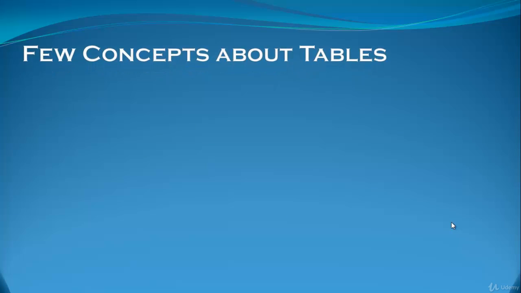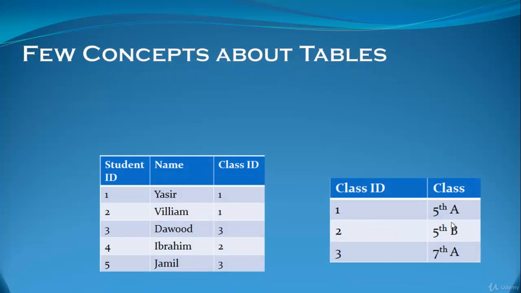Here are a few basic concepts about tables. The first one is the primary key. A primary key is the unique identifier through which a record can easily be identified. You can see here that student ID and class ID are our primary keys.